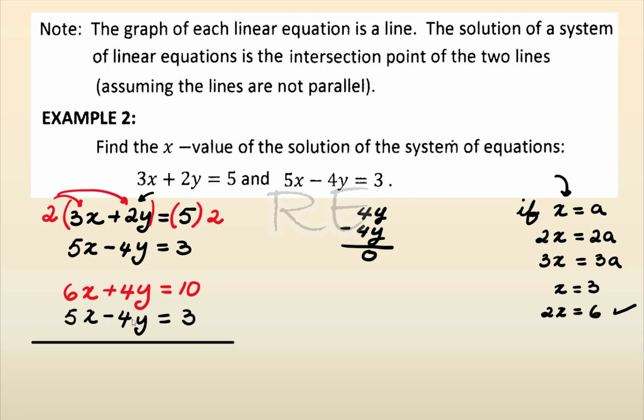Now when we add them, y will cancel. We're going to get 11x equal to 13. Divide by 11, x is equal to 13 over 11.